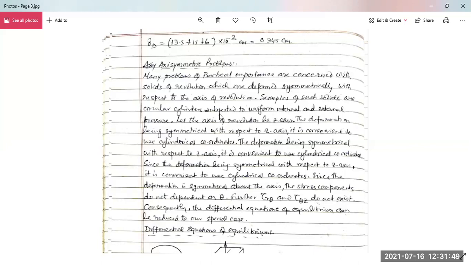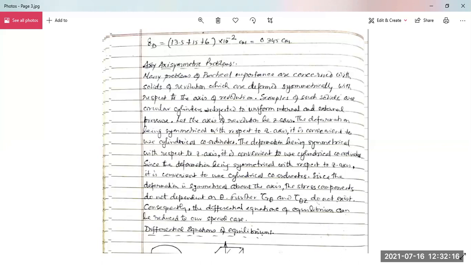Since the deformation is symmetrical about the z-axis, the displacement component will not depend on theta. Further, the stress components will not depend on theta. Further, tau r theta is the shear stress acting on a plane whose normal is r, the radius, and acting in the direction of theta, meaning the circumference.